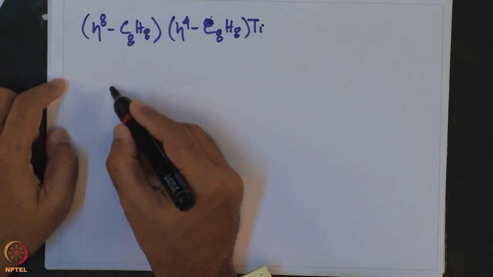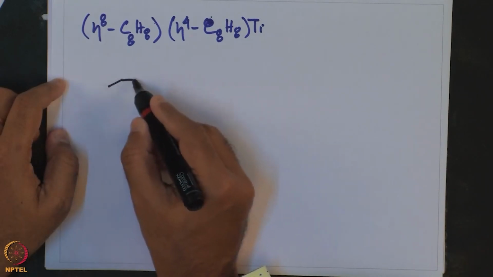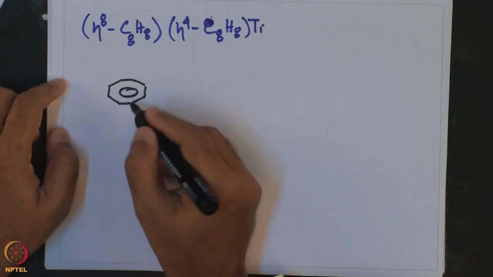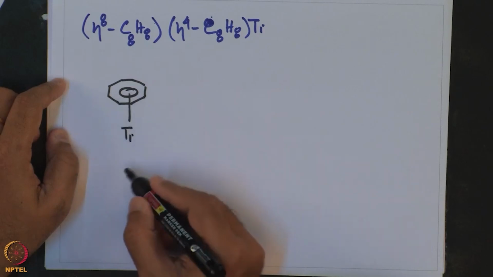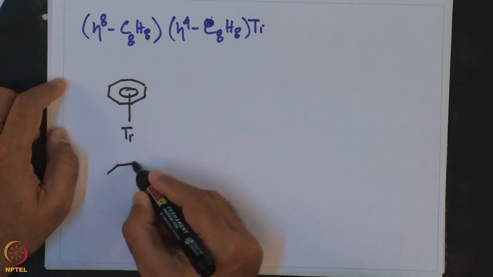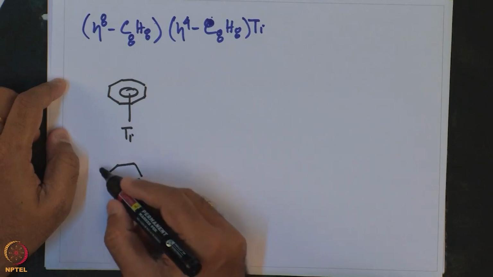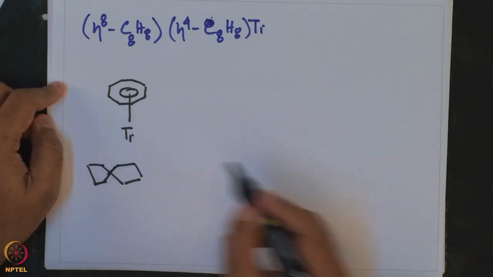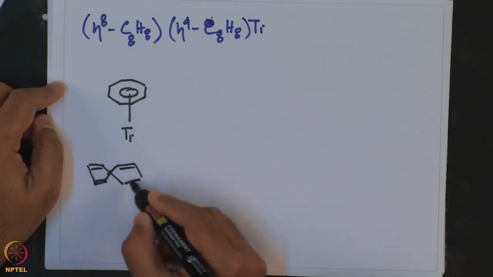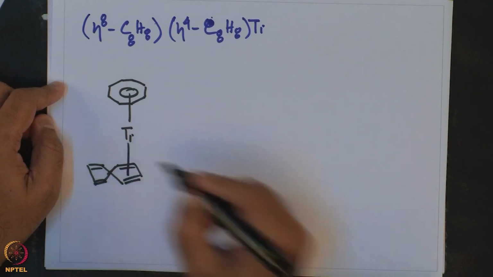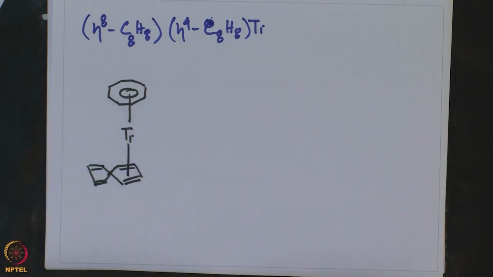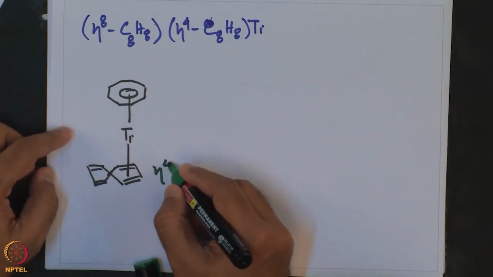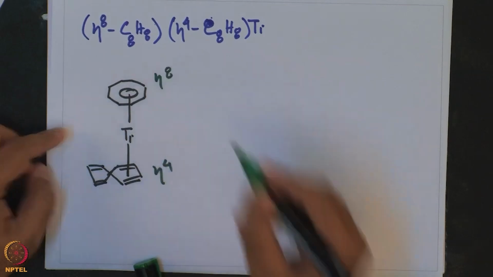So this can be illustrated by the structure. The bottom one is bound in an eta 4 fashion, whereas the top one is in eta 8 fashion.